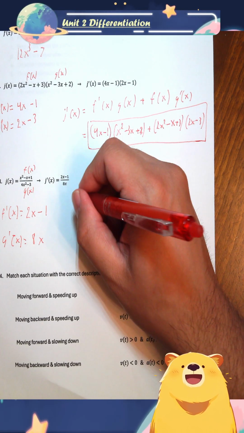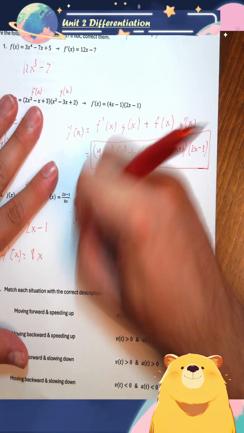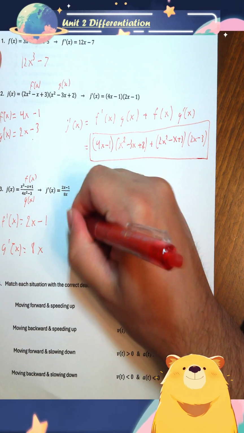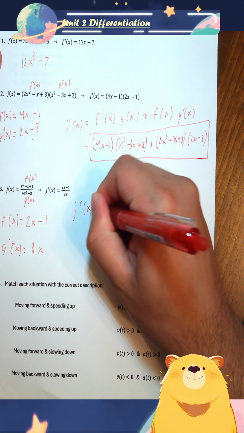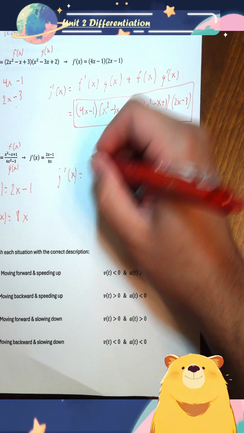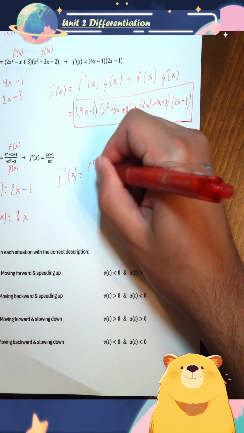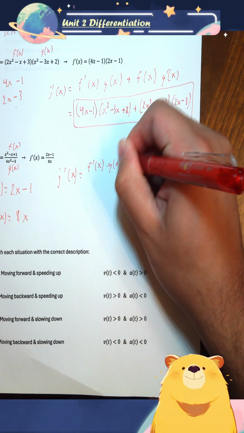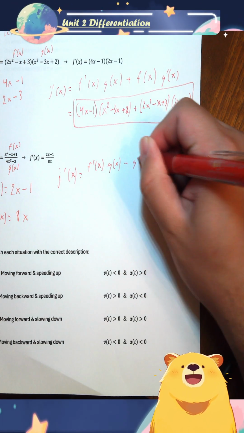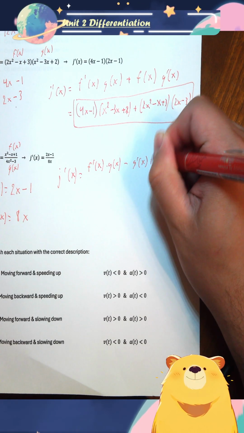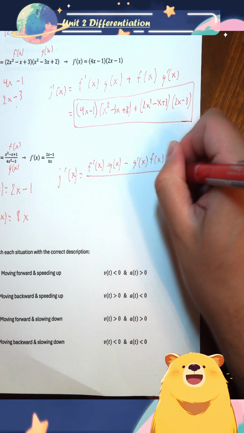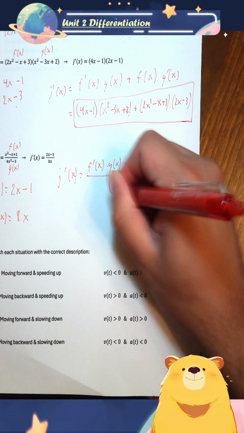It's you setting it up as first f prime of x times g of x minus g prime of x times f of x, all over g of x squared.